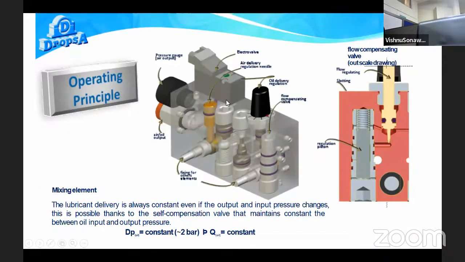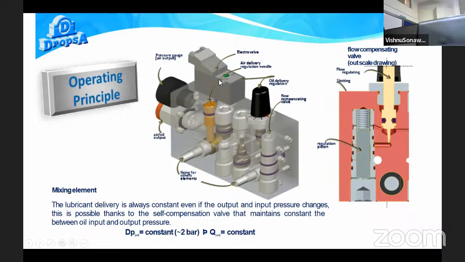Next, I have taken one advertisement from Dropsa. I have taken this complete one. This is the operating result. They have manufactured one unit for mixing the air and the oil.